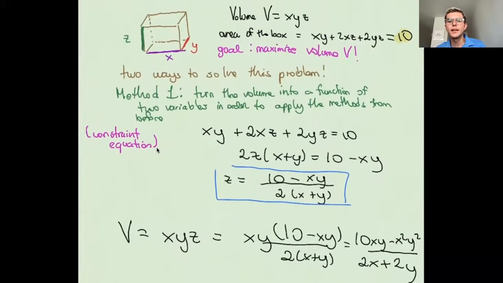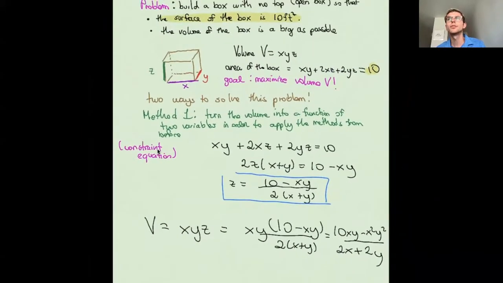Oh, I'm saying, if you just want to build a box, and I tell you I want to build a box whose volume is as large as possible, if you don't give me any restrictions, you could just keep making the box bigger and bigger. You could make the box the size of the Earth, and then the size of the solar system, and then the size of the galaxy, and then whatever.